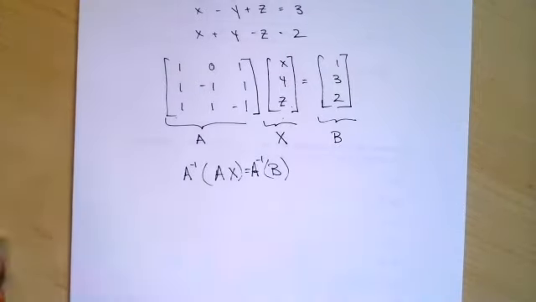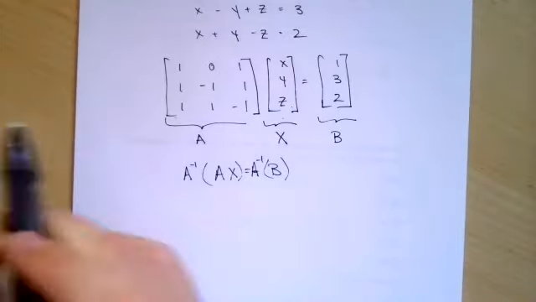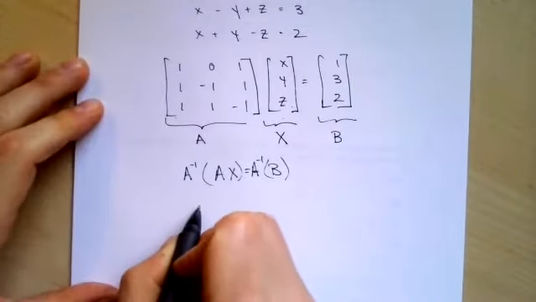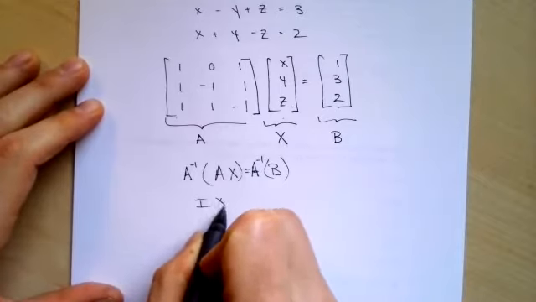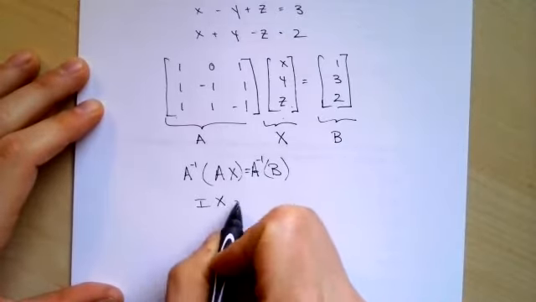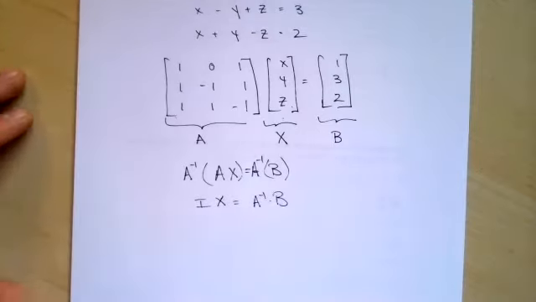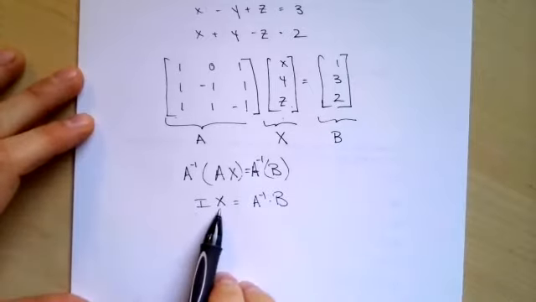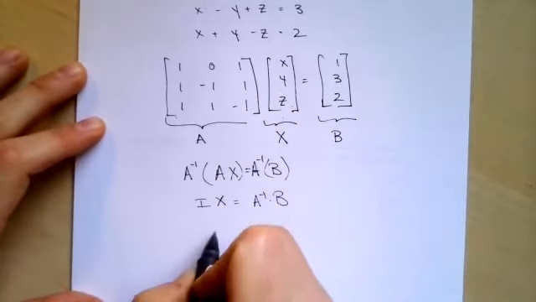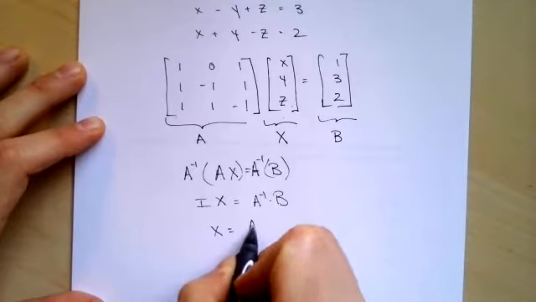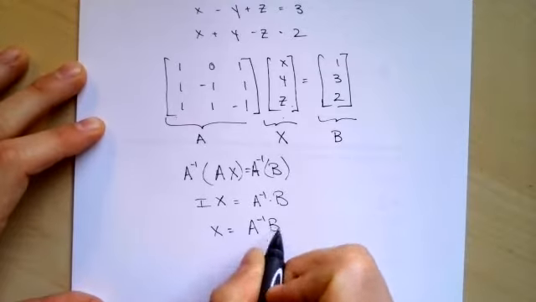So we're multiplying both sides of the equation by A inverse on the left. And when we simplify this, A times A inverse is going to give us I, the identity matrix, times X, is equal to A inverse B. And the identity matrix times X is simply going to give us X.